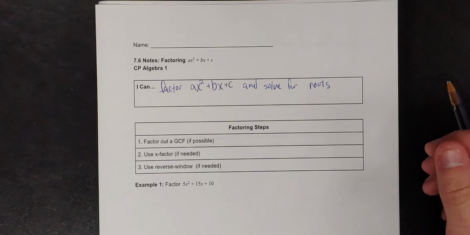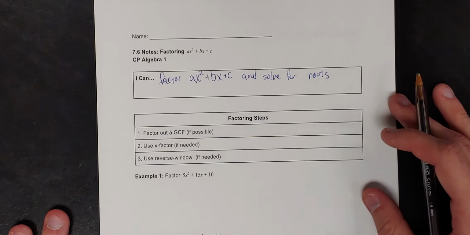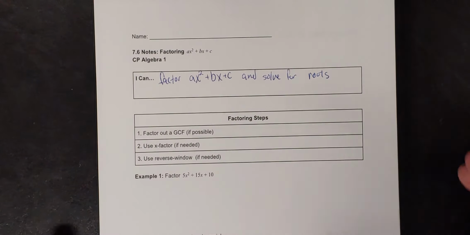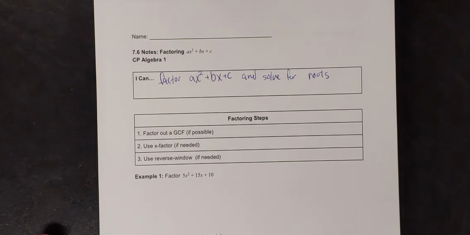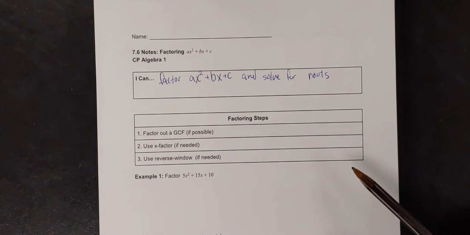When solving and factoring, your first step is always to see if you have a GCF. If you have a greatest common factor that you can pull out of everything, it's going to make your life a whole lot easier, and it's going to make the equation that much easier to solve. Second step, use the x factor method, which we have been using.